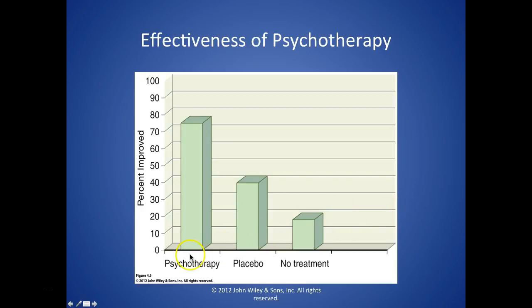If you have the psychotherapy groups, placebo, and no treatment, and you look at the percent who improved, psychotherapy, over a wide range of types of therapy and samples and so forth, does seem to work more so than you'd expect by placebo. On the other hand, just a placebo will produce some degree of improvement. So that's useful to know. And if you get no treatment, some people get better anyway, but not nearly as many.